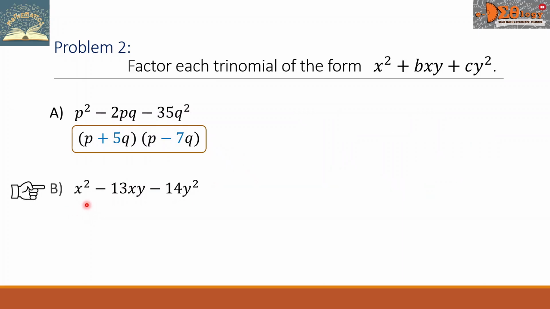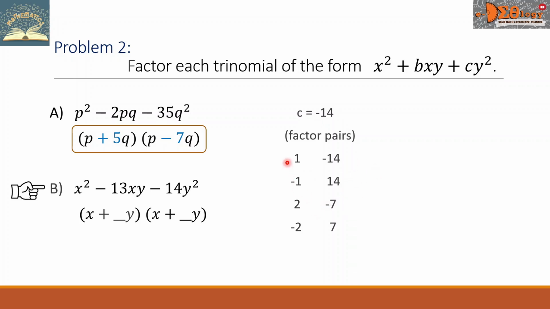Expression B, x squared minus 13xy minus 14y squared. The answer must be x plus blank y times x plus blank y. Let's begin with our process. We collect the value of c, and that is the negative 14. Since this is negative, the factor pairs must be of opposite signs.